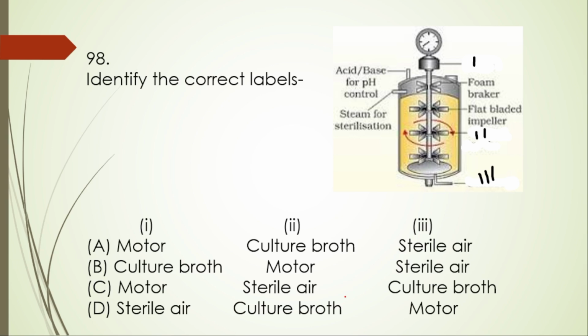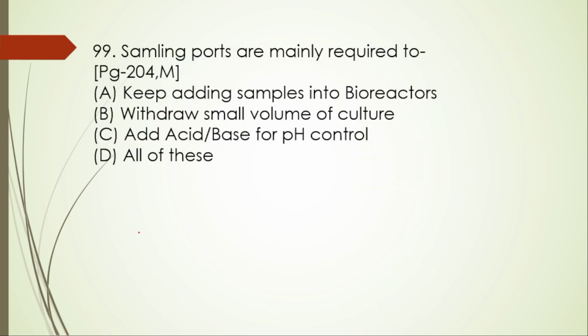98th one. Identify the correct labels: 1, 2 and then 3. Here it is given. First one, this one is motor. So where is motor? Motor 2 is there, so this option is eliminated, and this one is eliminated. Second one is culture broth, so right option is option A itself. 99th one.